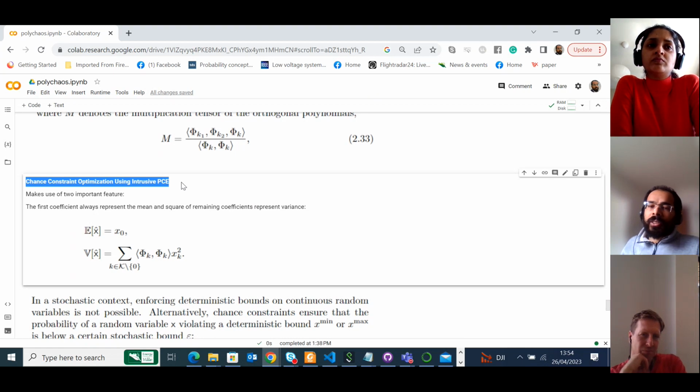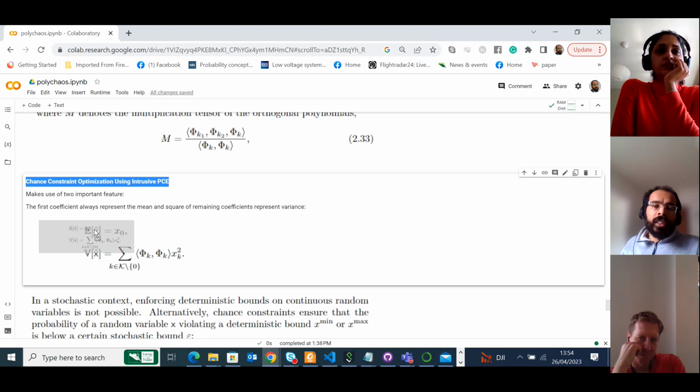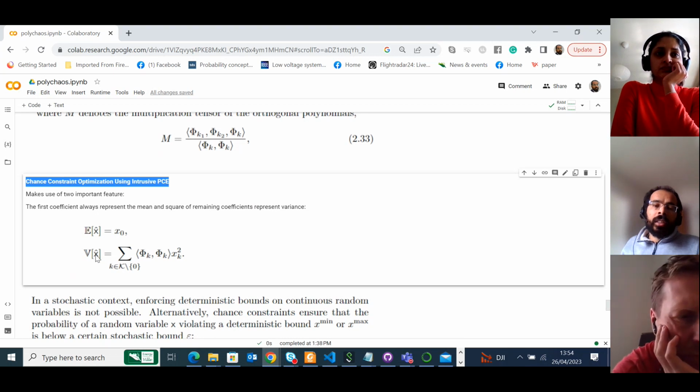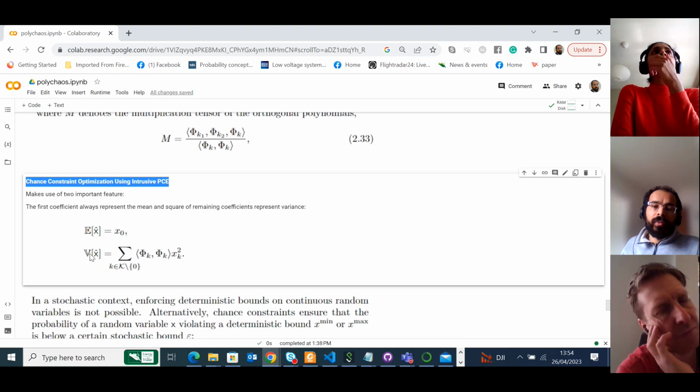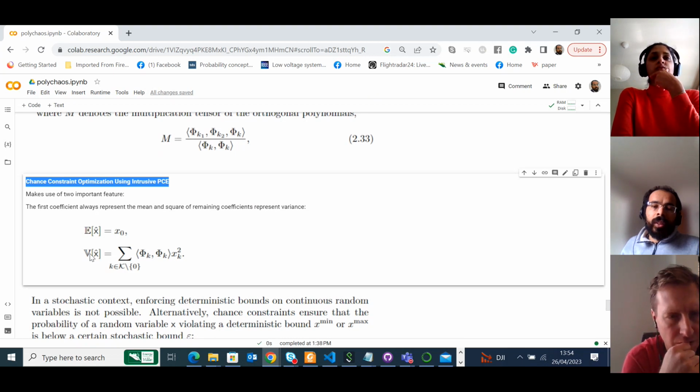The first coefficient always represents the mean of that uncertain random variable or stochastic variable, and the sum of the squares of the remaining coefficients represents the variance. So you can use these two features.